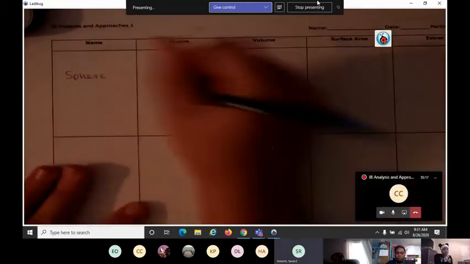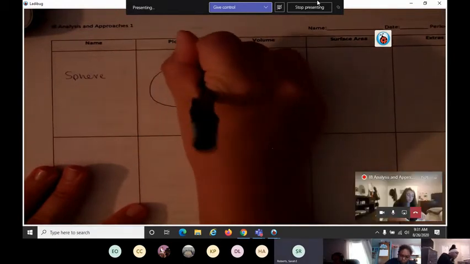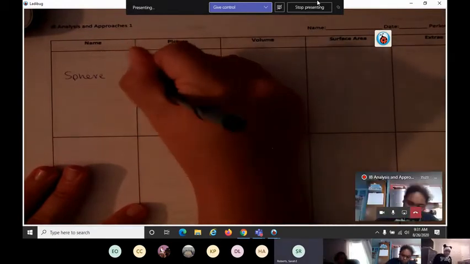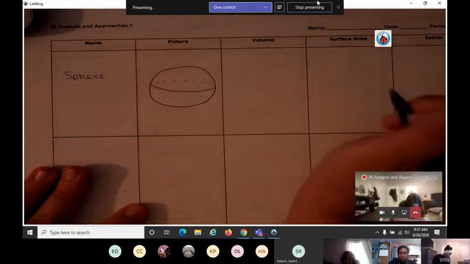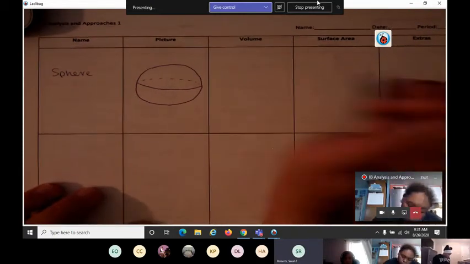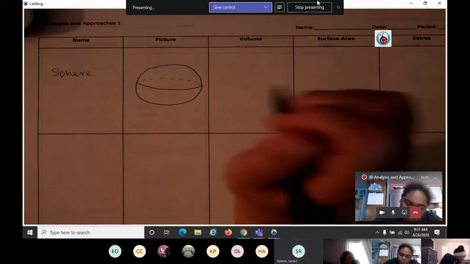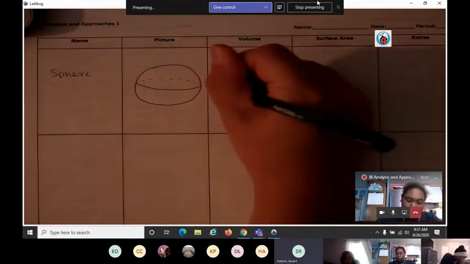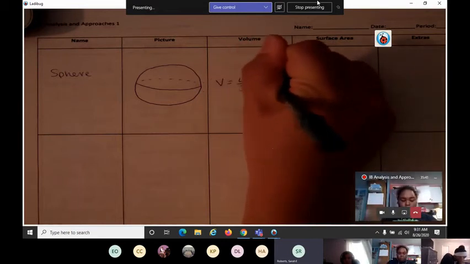Okay, so a sphere is like the shape of a ball, almost the shape of our Earth. Earth is, I guess, technically an ellipsoid. The volume of a sphere is 4/3 pi r cubed.